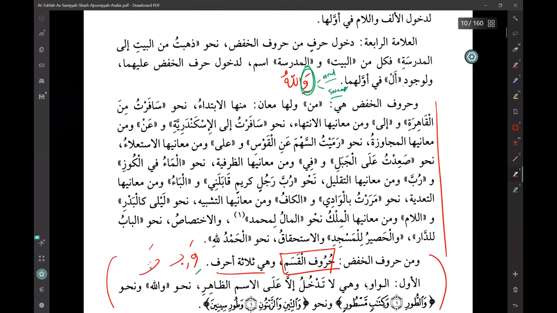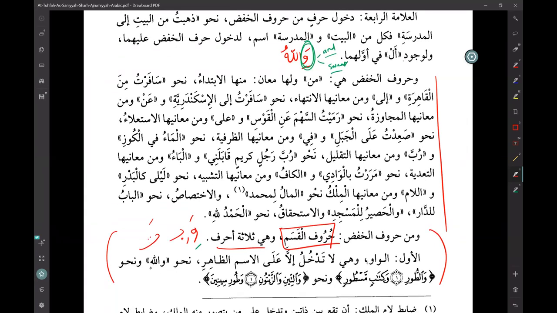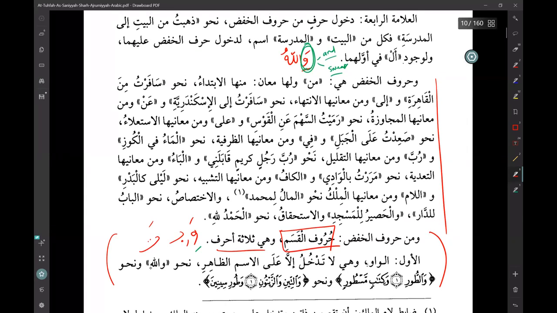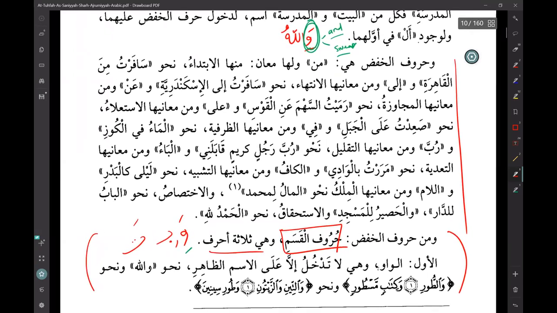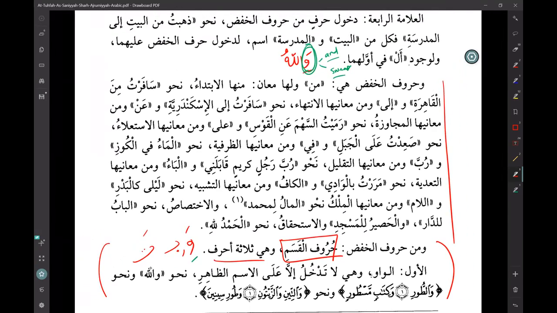Is this part clear? This is an important issue. And by the way, you have to know some etiquette on making a qasam. We are not allowed to make qasam by anything other than Allah or His names and attributes. Allah can make qasam by whatever He wants, but we are not allowed to.